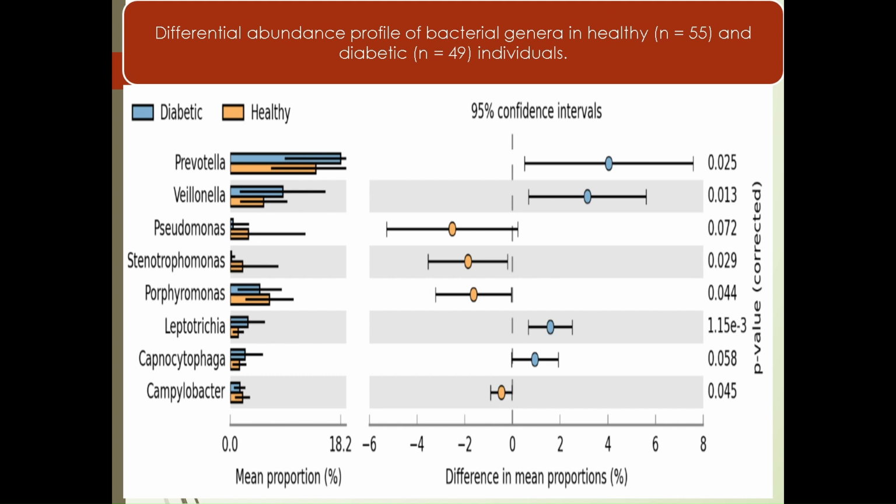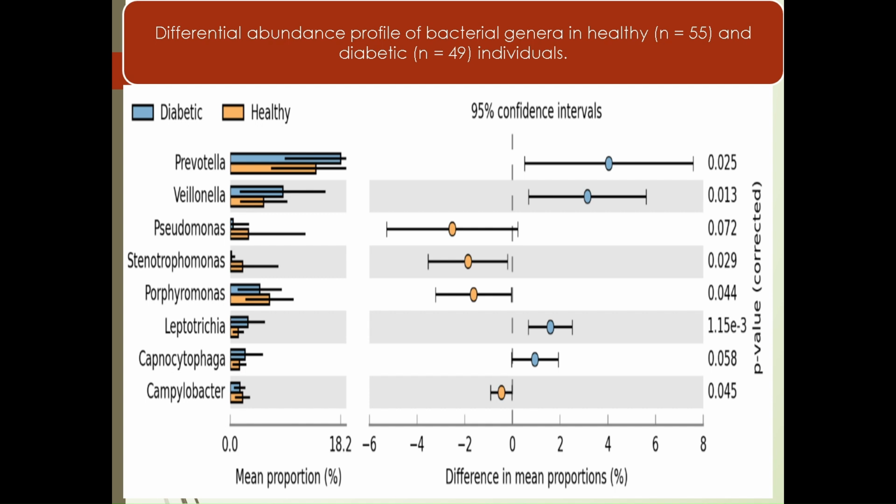This slide is showing the analysis of the differential abundance profile of bacterial genera, that is, the analysis at the genus level, because a phylum is a very big collection of bacteria. In a phylum there are hundreds of different families and species, so we carried out this analysis based on bacterial genera.